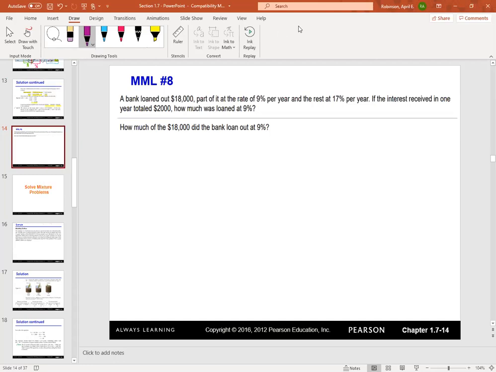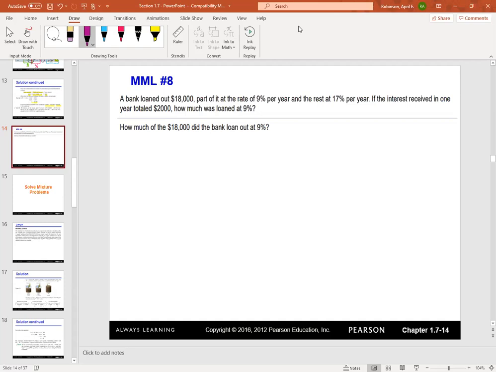Okay. Number 8 says, a bank loaned out $18,000, part of it at the rate of 9% and the rest at 17%. If the interest received in 1 year totaled $2,800, how much was loaned at 9%?